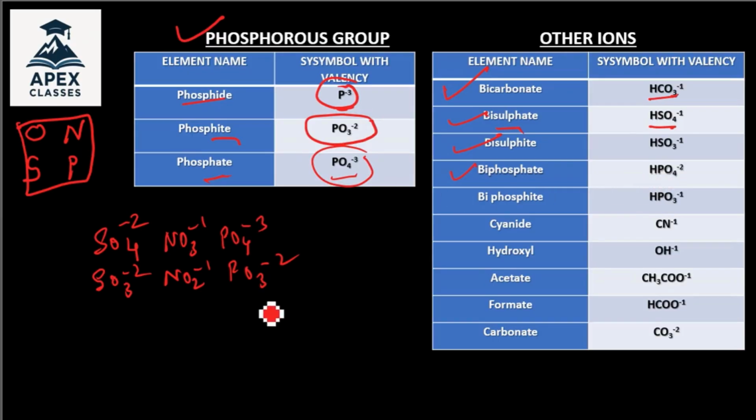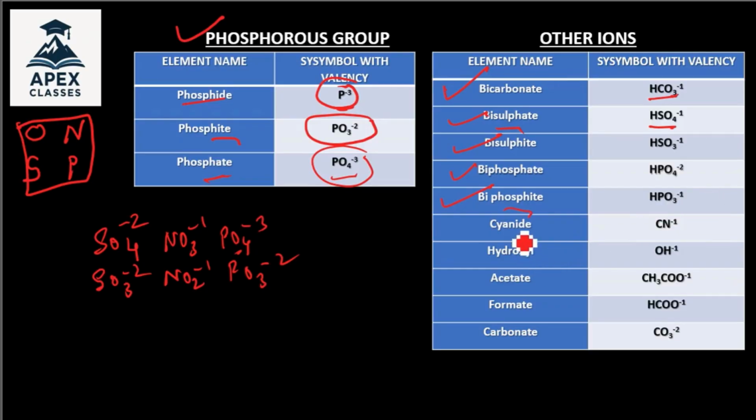Phosphate was PO4³⁻, but since hydrogen with +1 is added, -3 plus 1 gives -2. Then biphosphite is HPO3⁻.